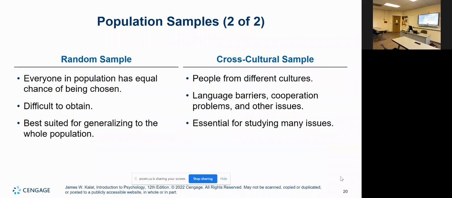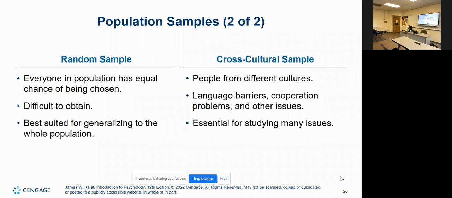Okay, random sample. So random sampling is making sure it's not a convenience sample. Random sampling is making sure that everybody that falls within our category, like freshmen, for example, has an equal chance of being represented in that population. Does that make sense?